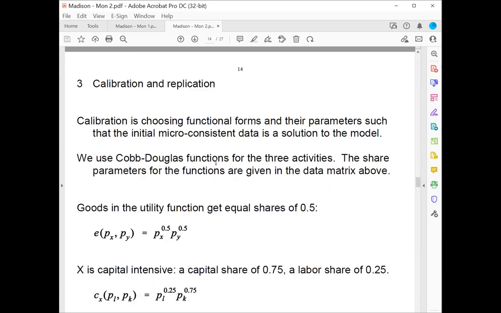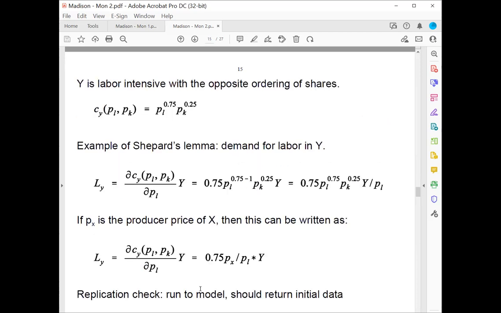Y is labor intensive, and those will show up here and will show up when we run the model. So Cobb-Douglas is pretty restrictive, but it's very simple for teaching purposes to just see exactly how you move from the numbers into the functional forms that will reproduce the data.